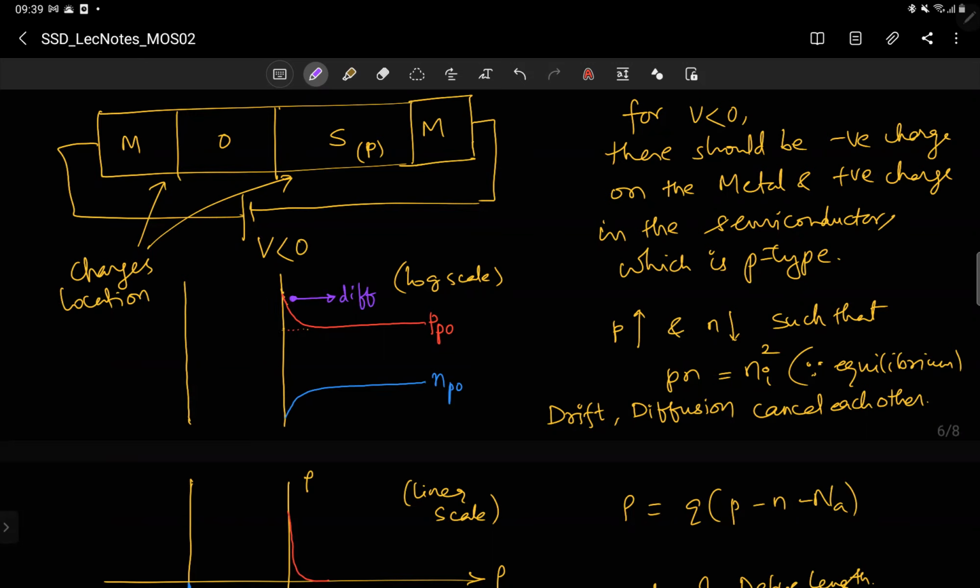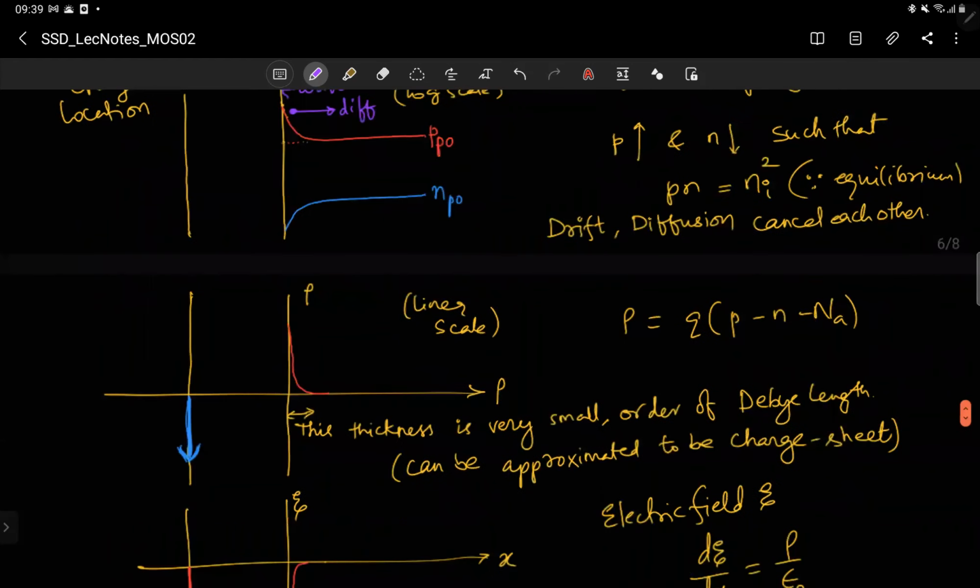I'm writing this arrow, but don't think it will go inside the oxide. Drift will be in this direction. We will see why shortly when we draw the electric field. For now, just take it that drift and diffusion cancel each other in this space charge region, because there is positive charge accumulation.